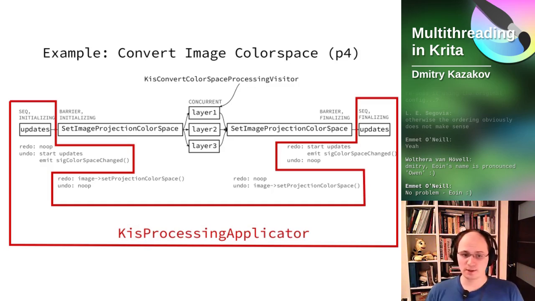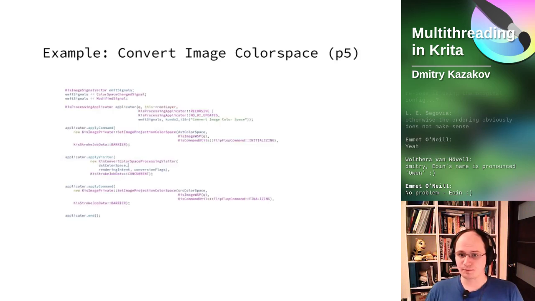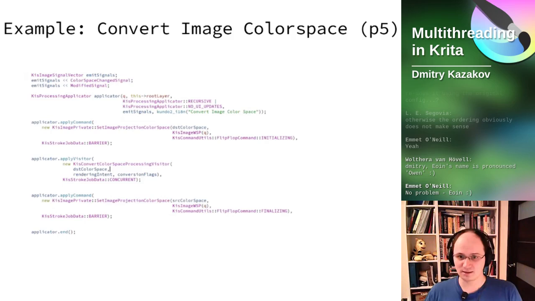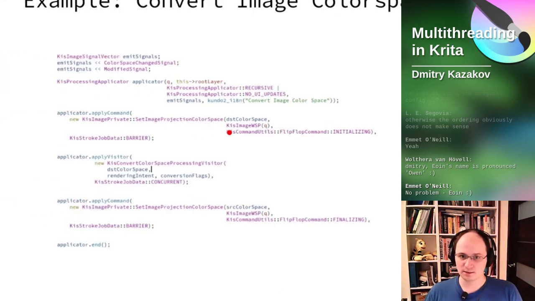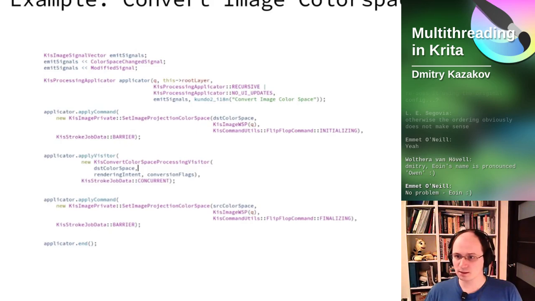The final code looks like this. Where is the head? So this code is a bit simplified version of what we have in this image. So here we create a processing applicator.